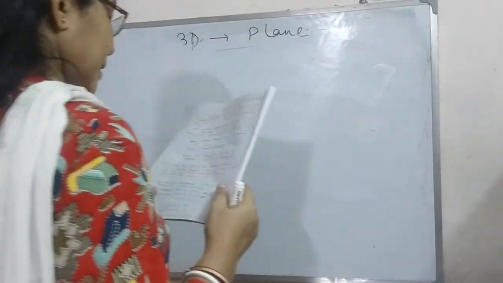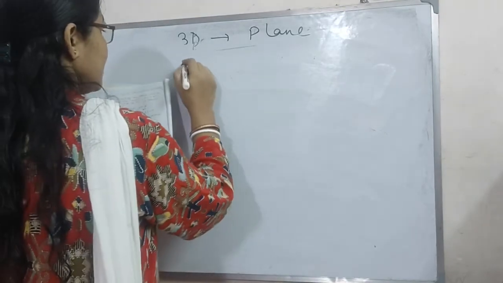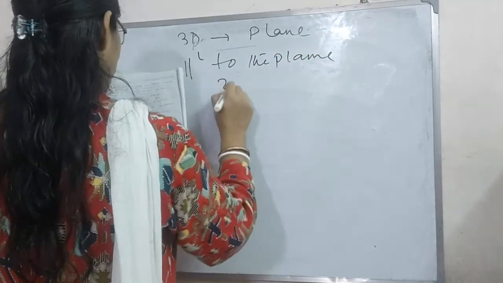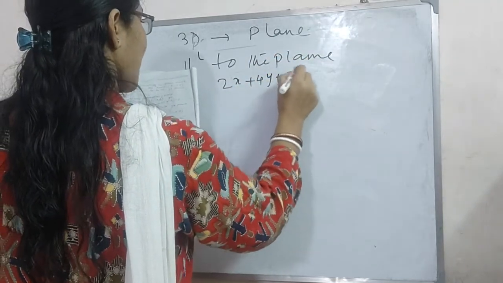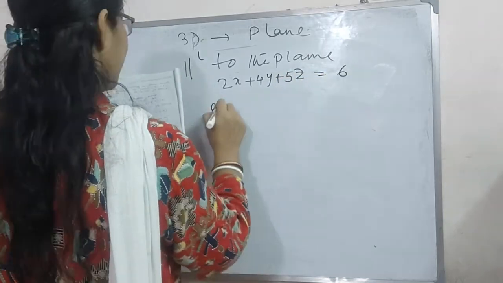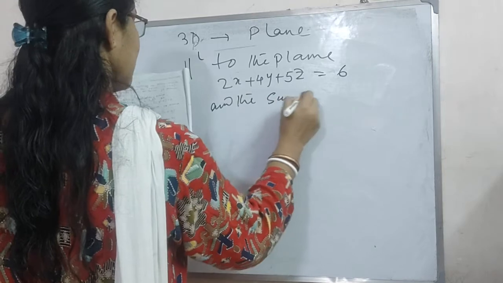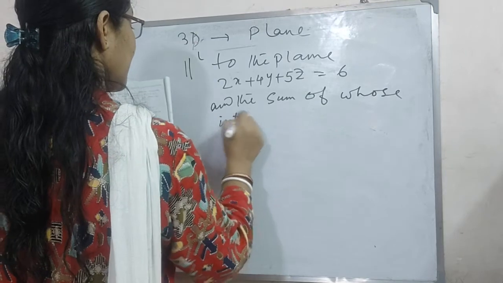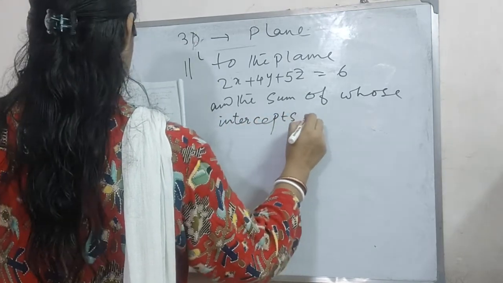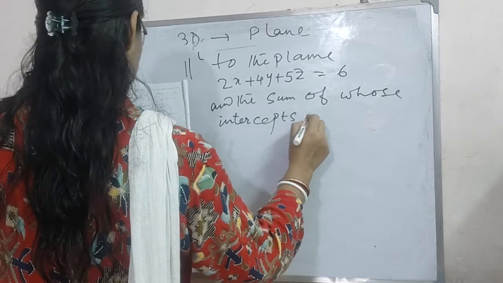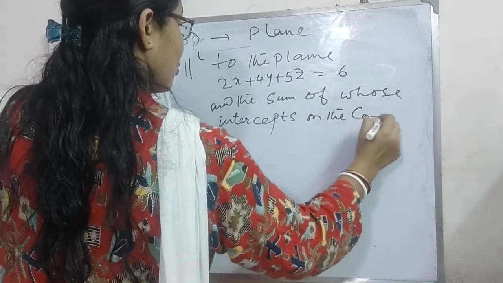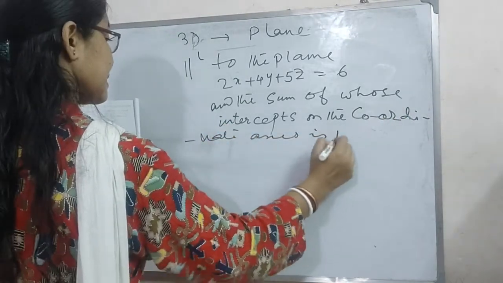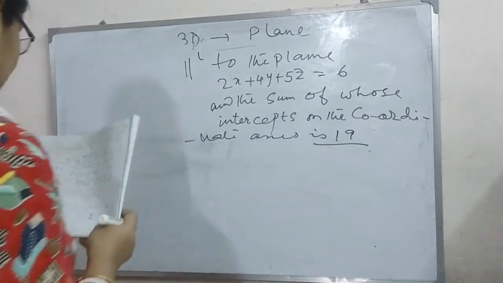Find the equation of the plane which is parallel to the plane 2x plus 4y plus 5z equal to 6 and the sum of whose intercepts on the coordinate axis is 19.